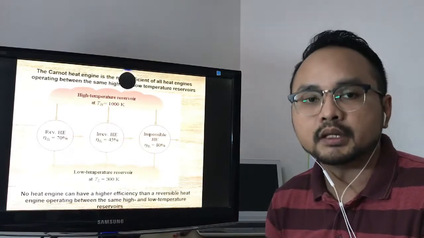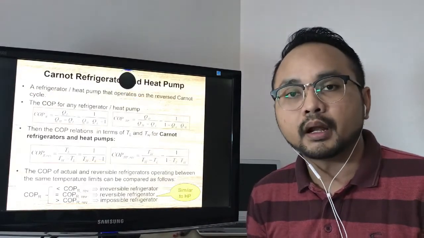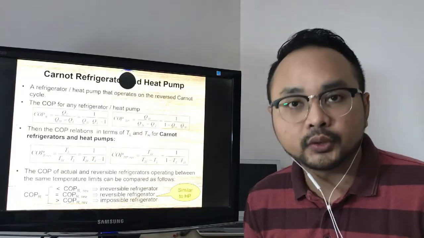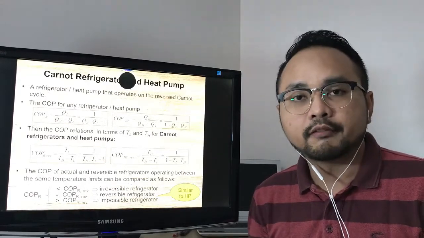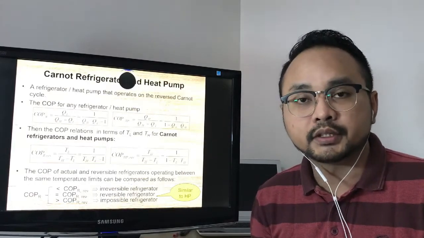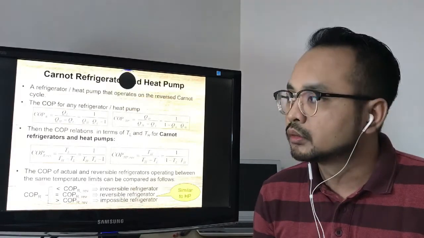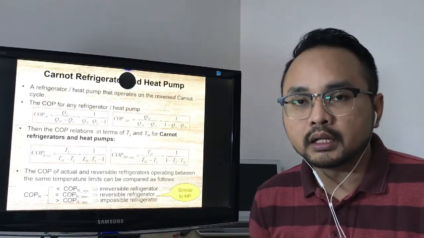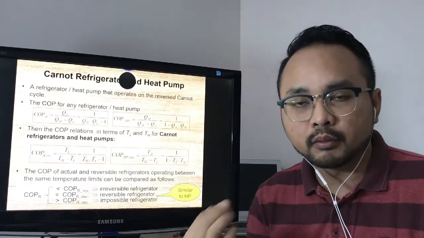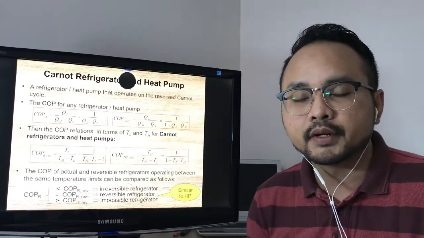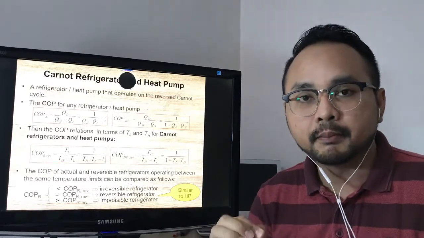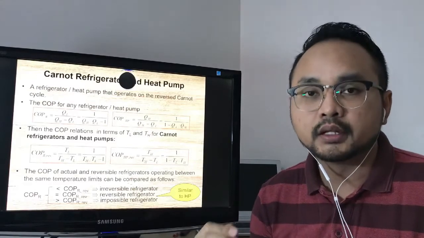So Carnot can be applied to refrigerators and also heat pumps. If a unit of refrigerator or heat pump is reversible, or Carnot, the QH and QL in the coefficient of performance equation of that refrigerator or heat pump can be replaced with TH and TL.